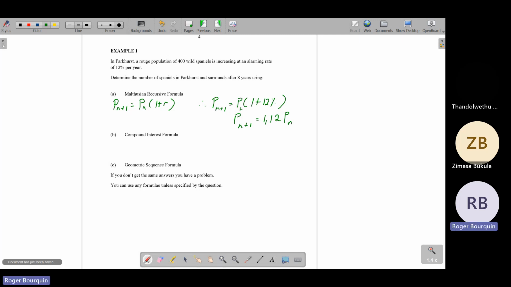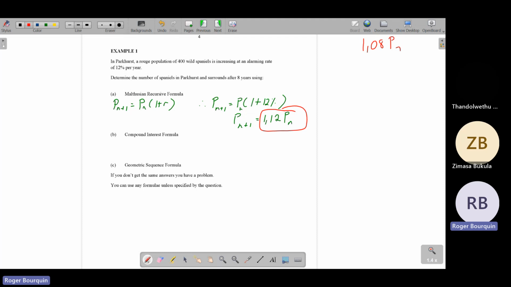And this is something that's really worth remembering. Okay, if you're timesing by a ratio of 1.12, what's your percentage increase? 12%. If I had 1.08, what's your population growth rate there? 8%, right?